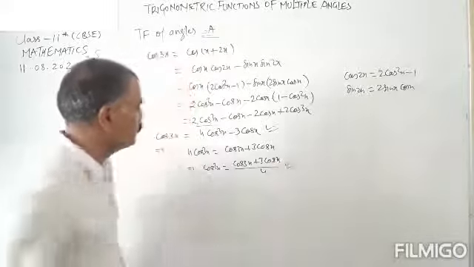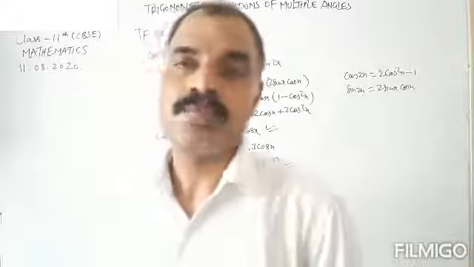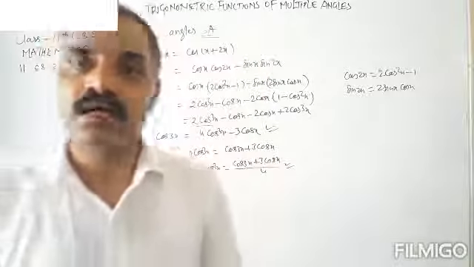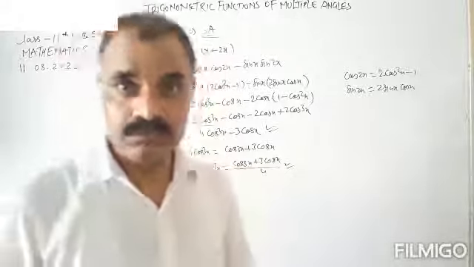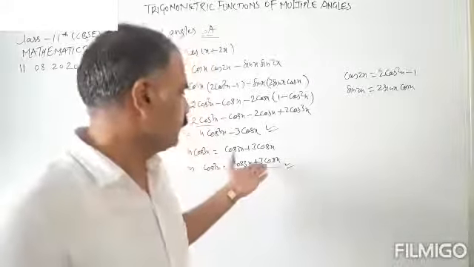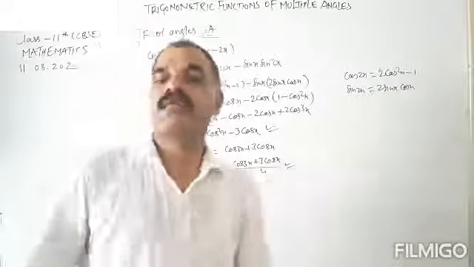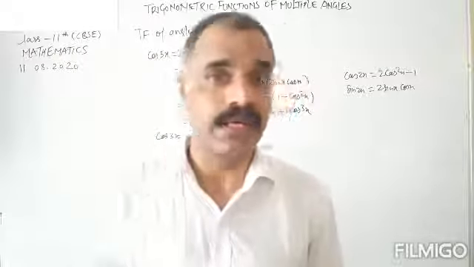So this is the identity of cos cube x also. This can sometimes be asked in exams: prove that cos cube x equals 3 cos x plus cos 3x divided by 4. So this is the proof of it also.